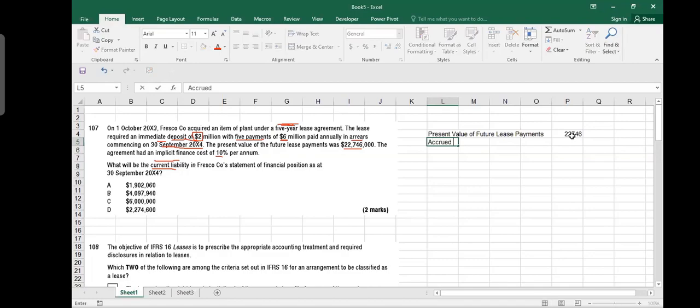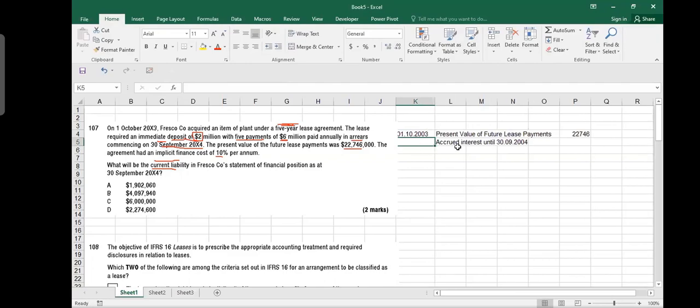Then you would say accrued interest until first year, which is 30th September 2004. So this is actually happening on 01/10/2003. This is the opening date here. It is 10%, I just take 10% of this. So end of the year, your liability is actually 22 million was the lease liability, 2.2 million is interest, total liability is something like 25.